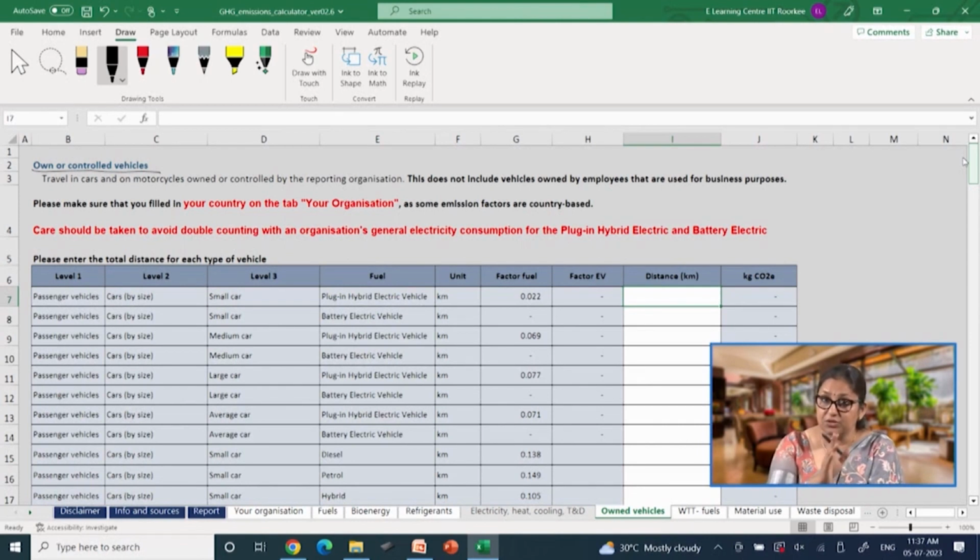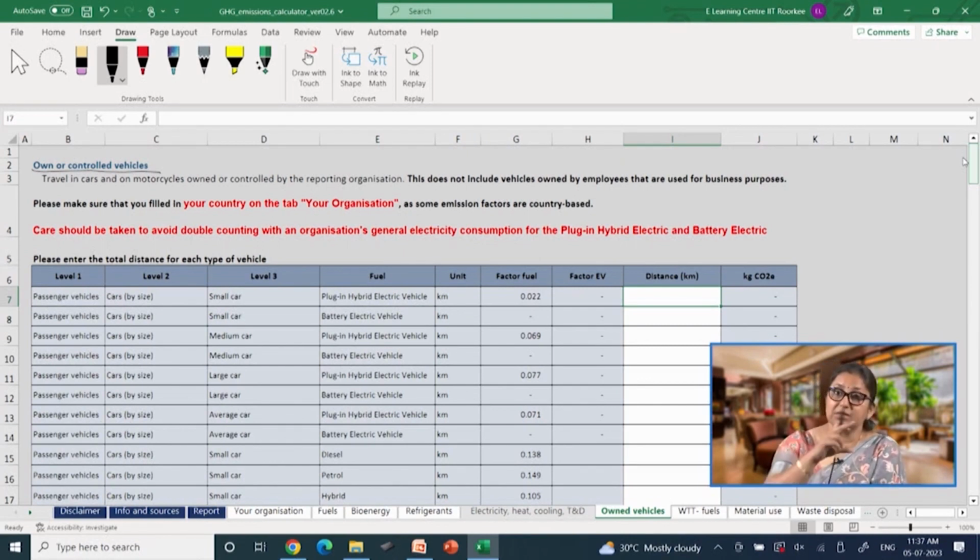If it is average for the baseline, the average will continue to remain the same for the reporting period. We may change the distances also. For example, in the baseline year, we had more cars which were given to employees, and in the reporting year, the change in the project activity was that there was a company bus, an electric EV bus which is now bringing the employees to the office collectively.